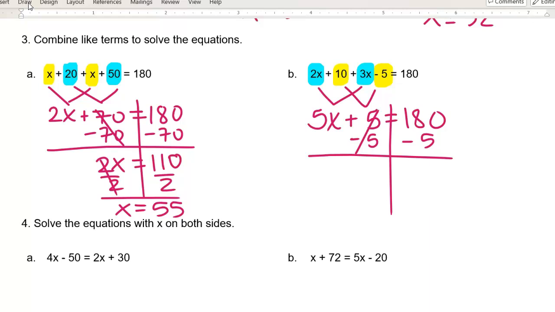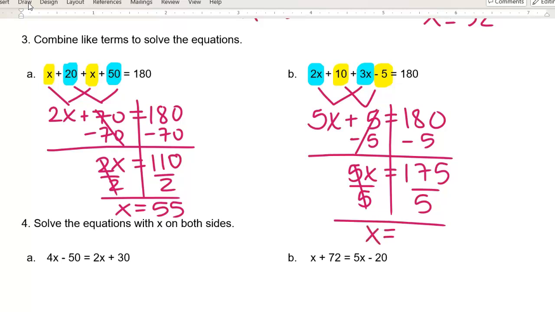Minus 5 from each side. 5 minus 5 is 0. 5x comes down. 180 minus 5 is 175. We'll undo the times on the 5 with a divide. X equals 175 divided by 5 is 35.